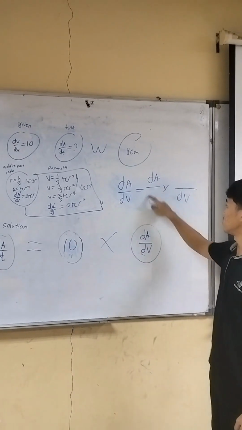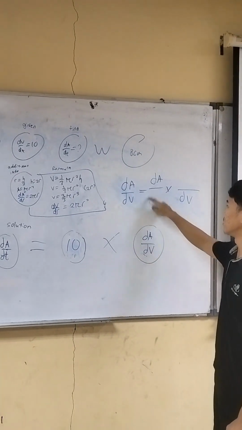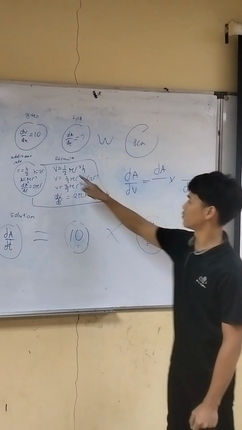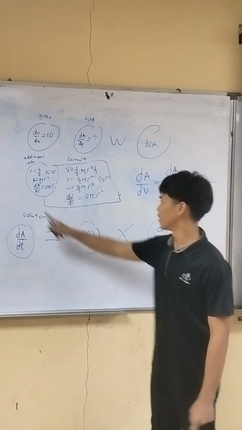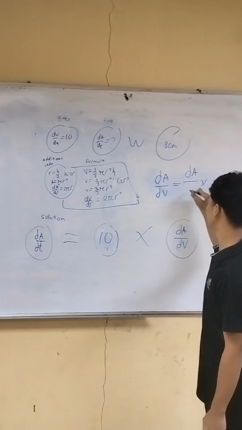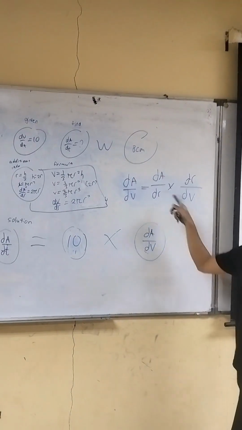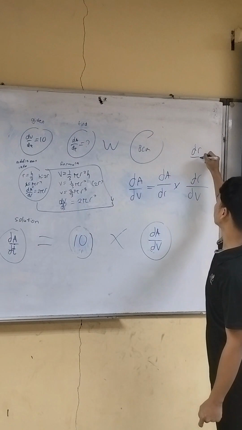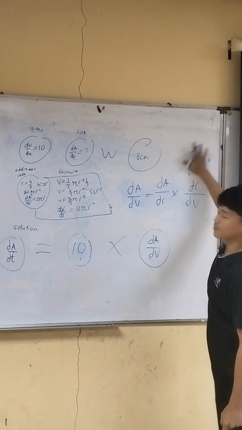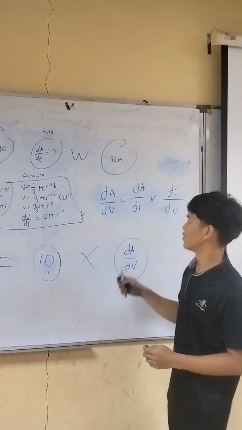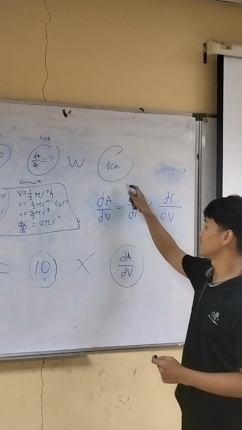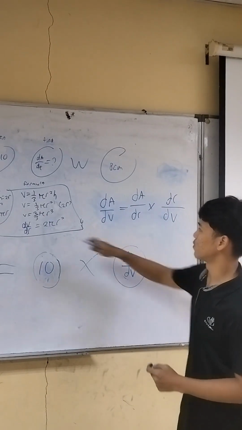What we should write at this part is from the additional information. What is dA over dr? We put this. These two must be equal, as we know dr over dr equals 1. Okay, we substitute these two terms from the given.